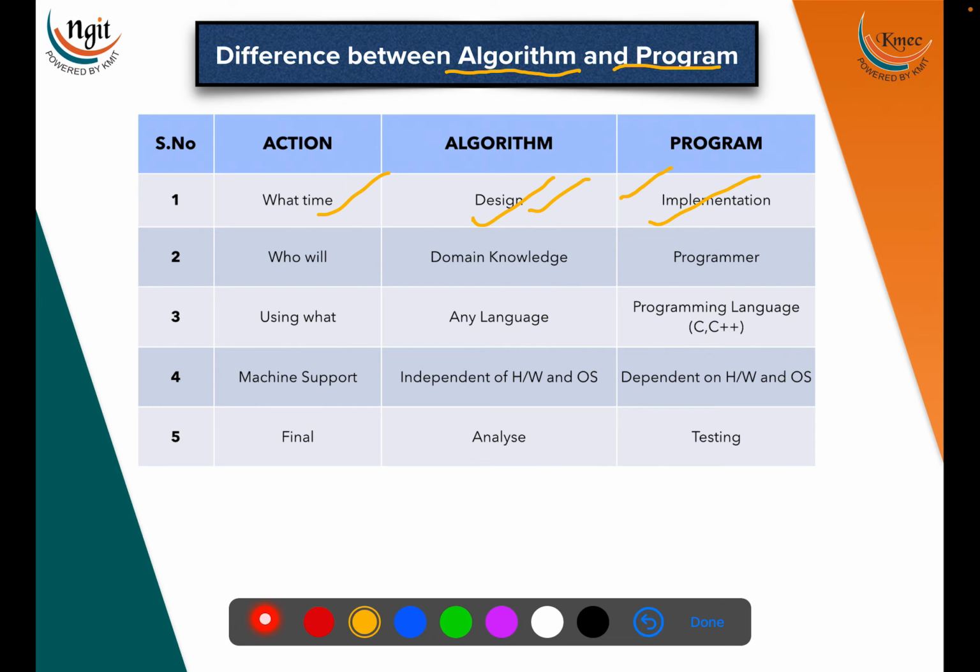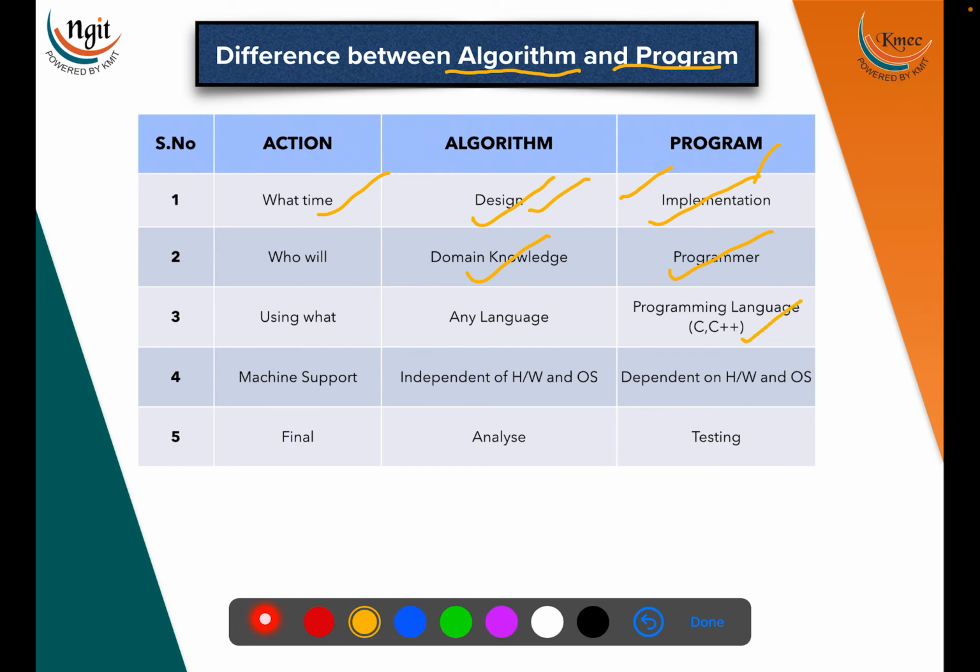This design will probably be on paper with a pencil or pen. So whatever modifications you want to make in the algorithm, you can do it with no loss of time or anything. Who will write an algorithm? The one who has domain knowledge. Who will write a program? The programmer, the one who knows a programming language.